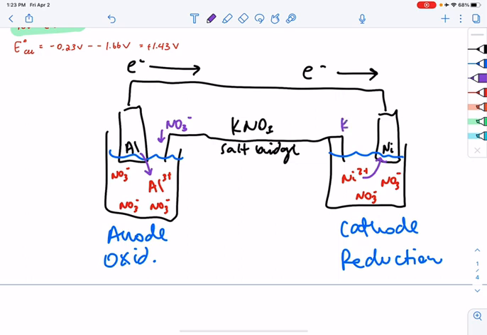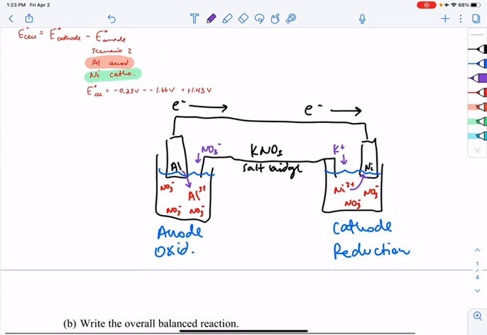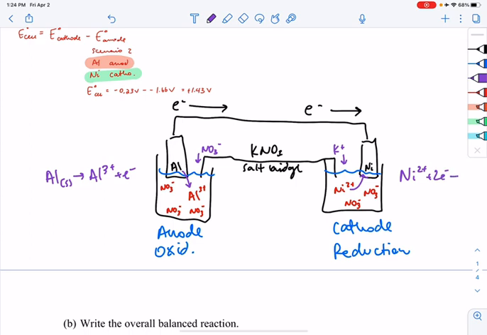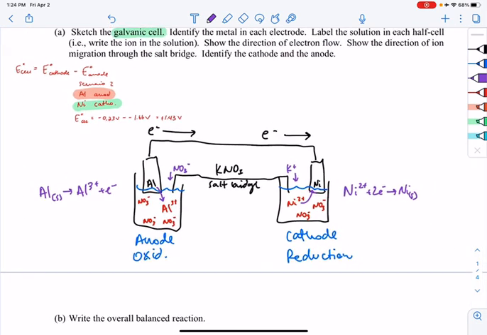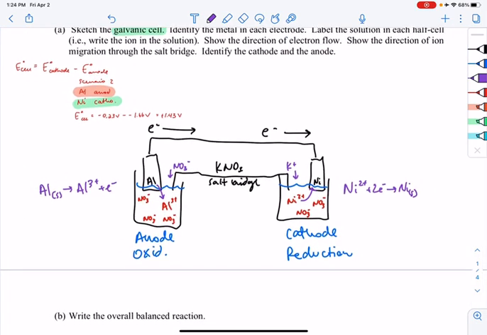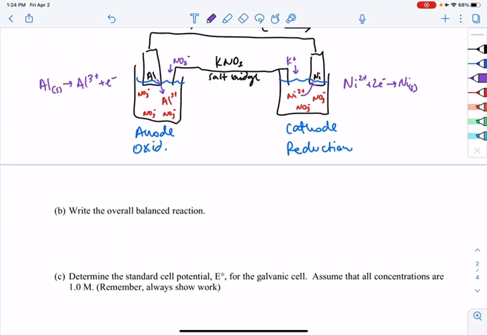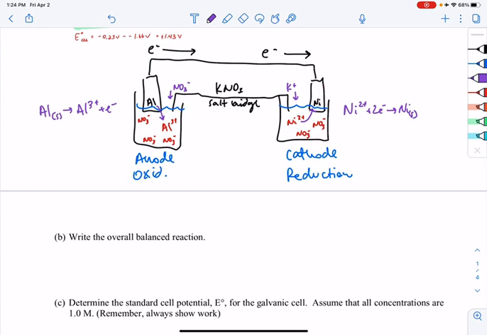So we probably want our potassium ions to migrate into this solution, right? This side's oxidation, so we have aluminum oxidizing to this, and here we have reduction happening. So this is what's happening. Okay. All right. Cathode, anode. Okay, so that's looking pretty good there. Write the overall balanced reaction. So we know now that we have aluminum.